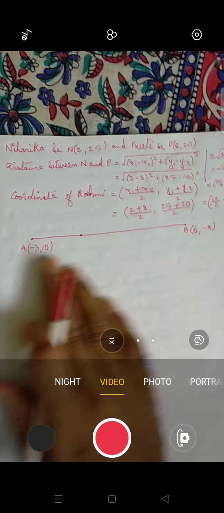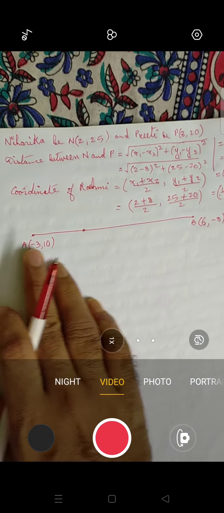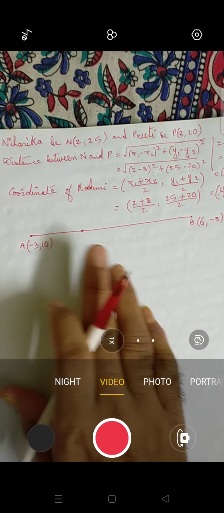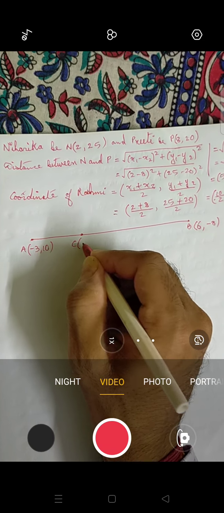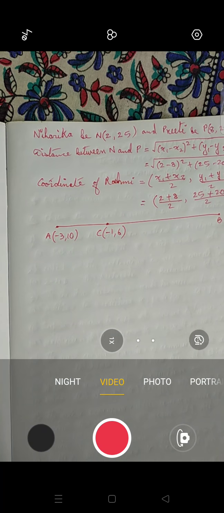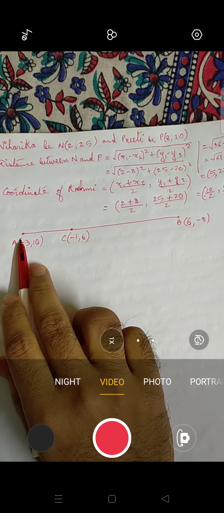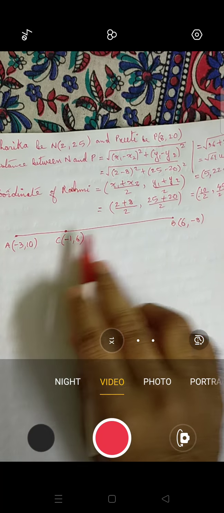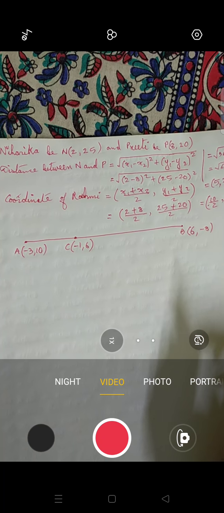Where does it divide? Let us suppose this point. We can take it anywhere because the ratio is not given, so we don't know what the ratio will be. So I am taking this one, and let us suppose that this is C and it is minus 1 comma 6. So when we have joined these two coordinates, this C divides the line segment at this point. We don't know what the ratio is.